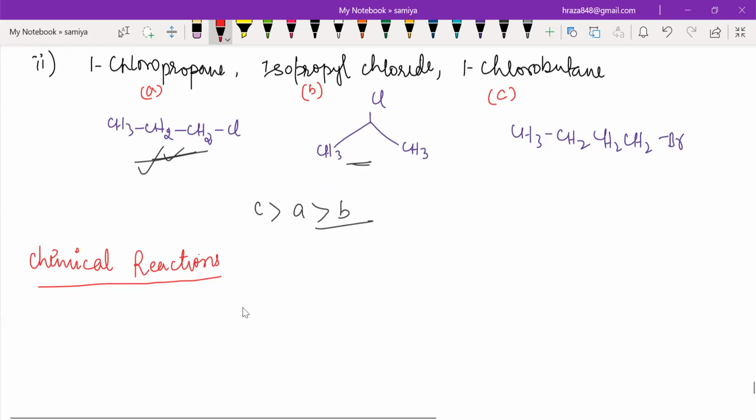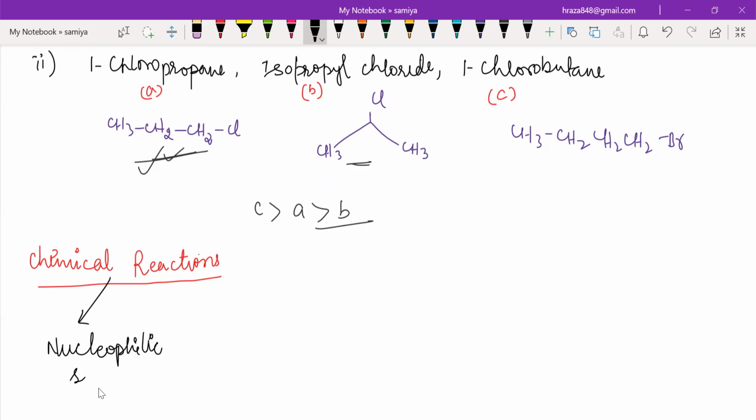These chemical reactions are divided into three parts. The first one is nucleophilic substitution reaction.